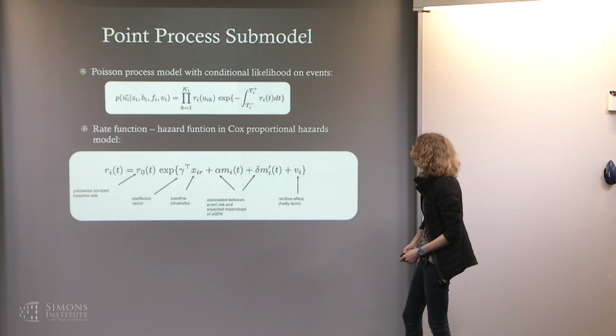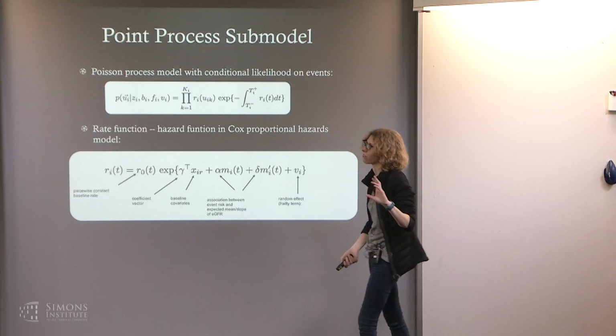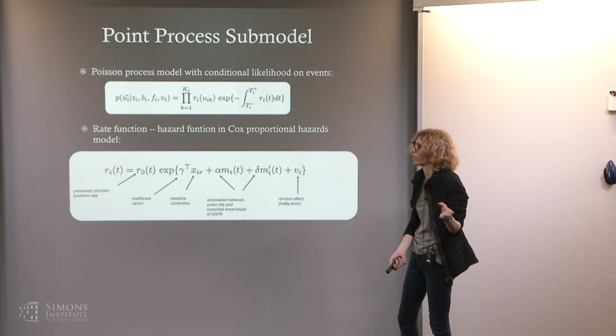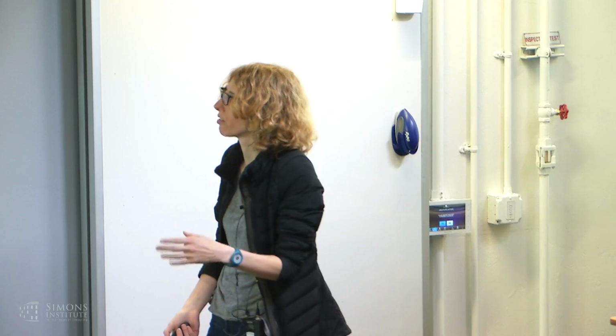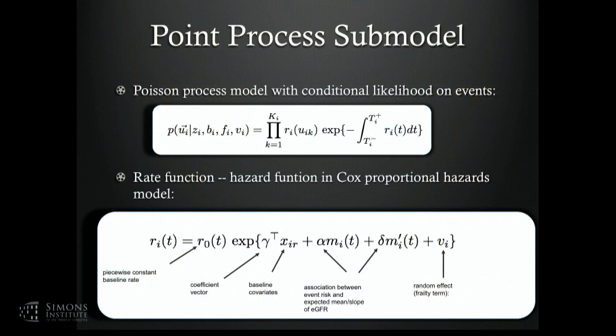Like I said, we talked previously about the Gaussian process model for eGFR and the trajectory of how somebody's kidney function is doing. But for the joint model with the risk of heart attacks or strokes, we're going to look at a pretty straightforward point process model, a Poisson process model with a conditional likelihood on events.